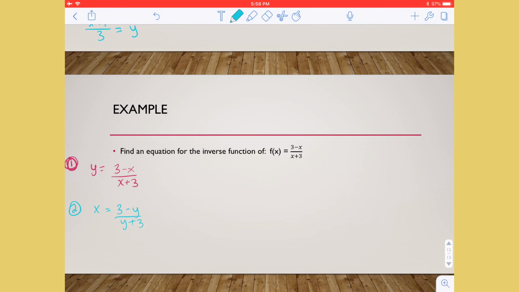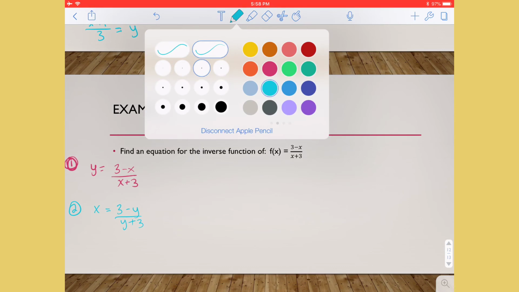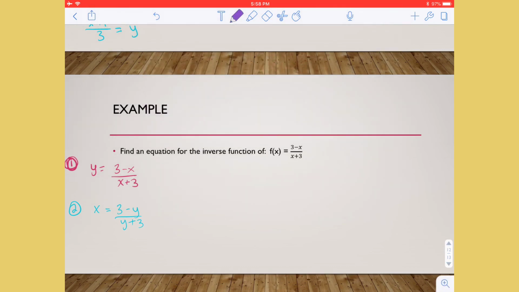Now in step 3, because my function is a fraction, I'm going to multiply out the denominator. Because if I multiply out the denominator, it gets rid of the fraction, which helps me out significantly. But if I do that to one side, I have to multiply the other side as well. So that means I'm left with y plus 3 times x is equal to 3 minus y.